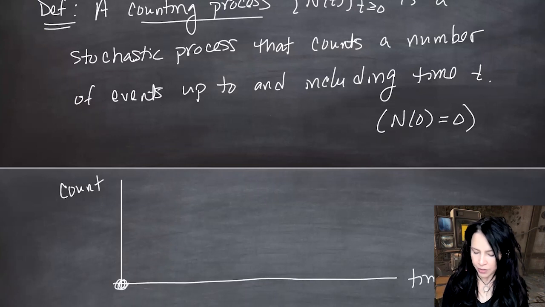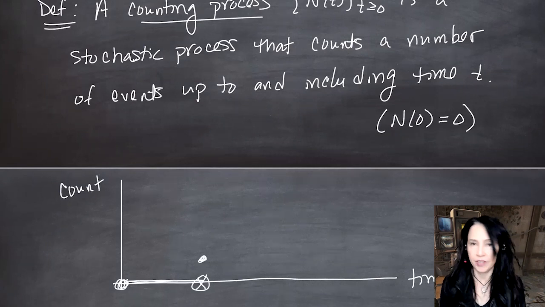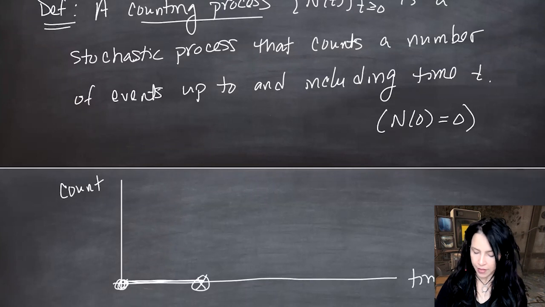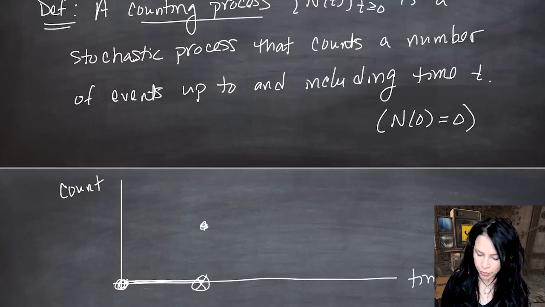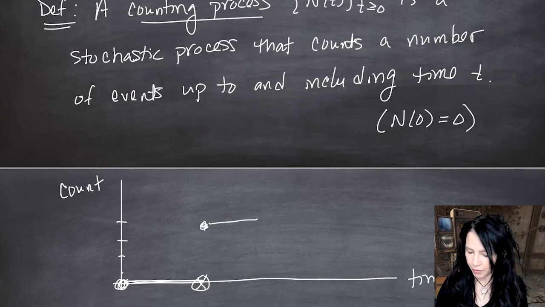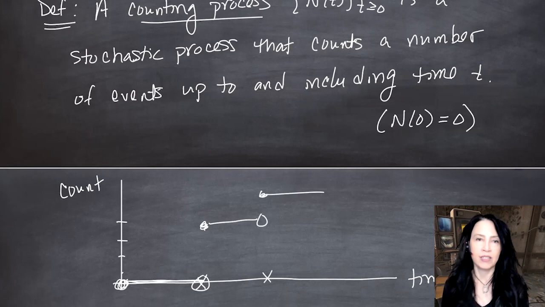And we're going to start at 0 and go for some random amount of time at 0, at which point we'll jump up. Actually, we don't have to jump up by 1. We can jump up by whatever. So jump up by some number, but usually it's going to be 1 for us. And then we'll stay flat for some random amount of time and jump up by some number. And so this is a step function looking thing.